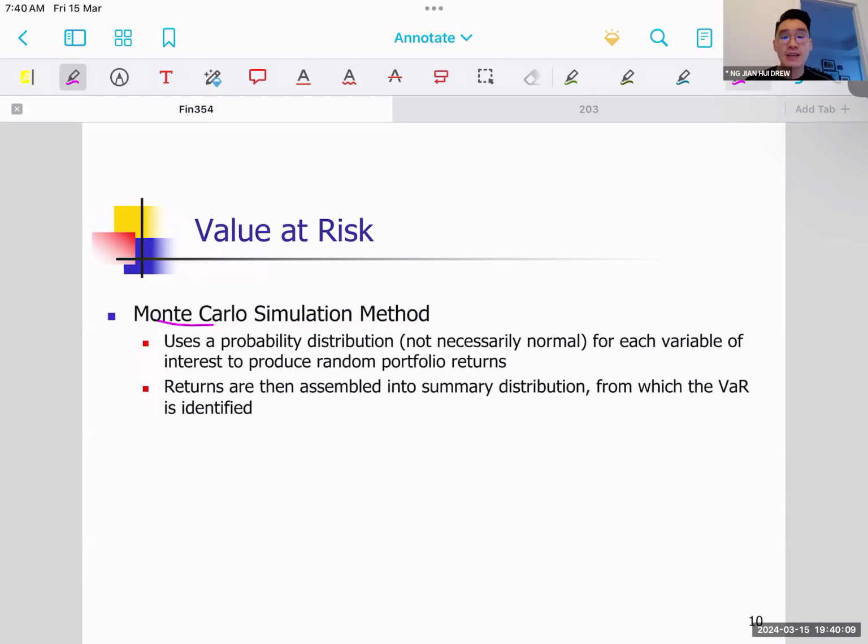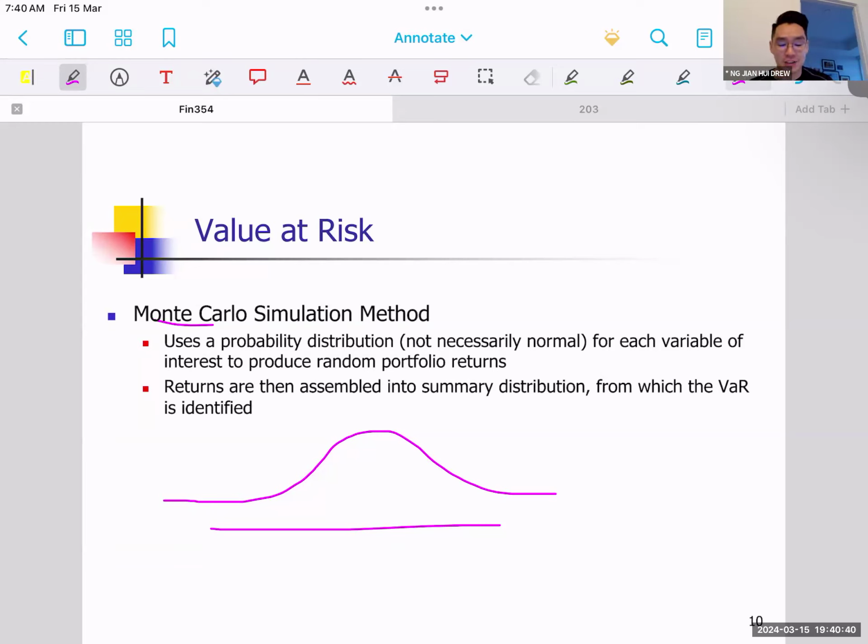And from there, we determine the full range of values that is possible based on the parameters that you have set. Once you have a full range of simulation, hopefully you eventually reach a normal distribution, and from there we can use the same method to calculate the VaR based on the normal distribution, right?